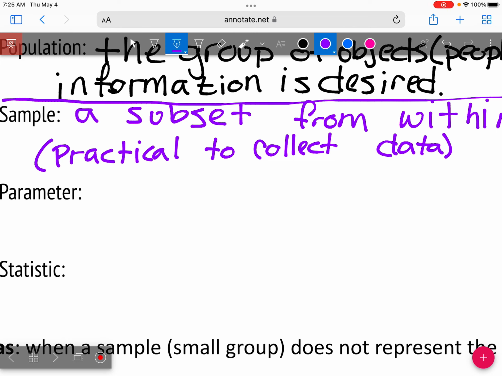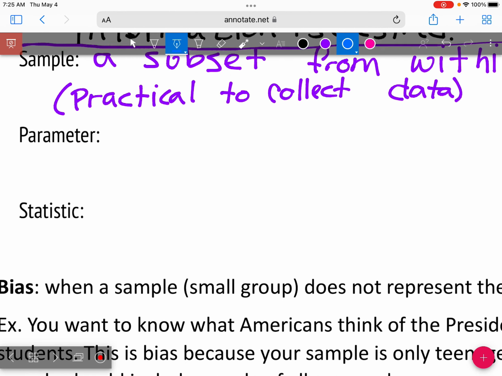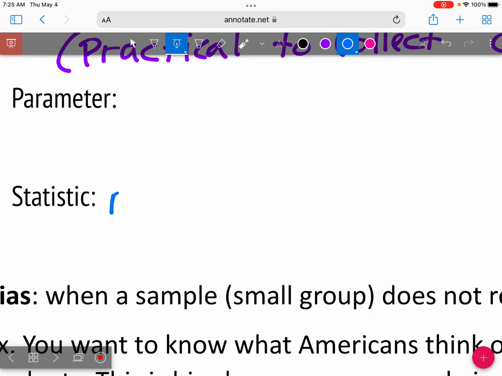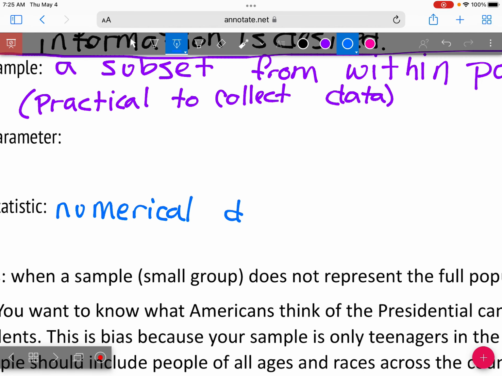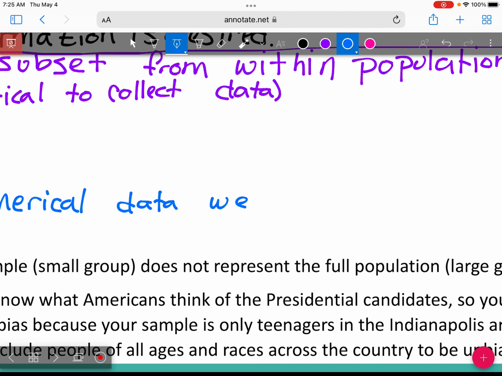I'm going to pop down to statistics for a second, and then we'll come up to parameter. The statistic is the numerical, usually, data we collect about the sample.